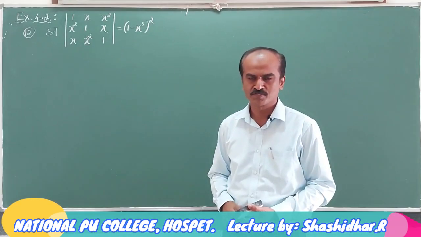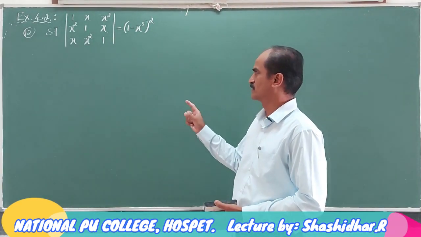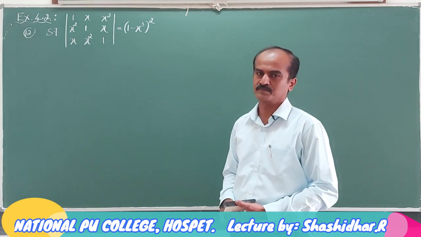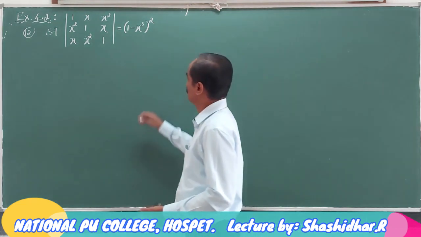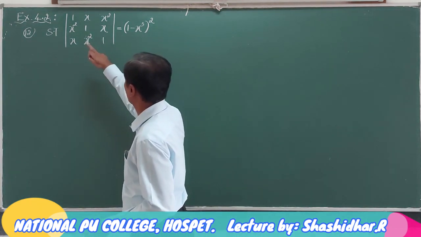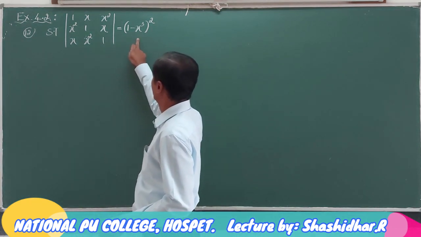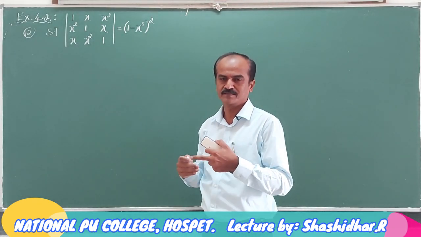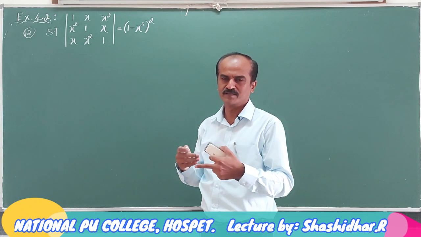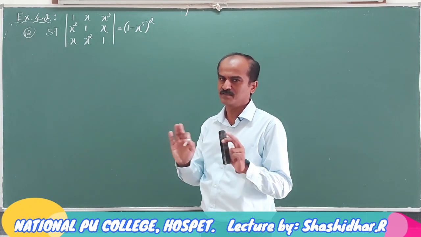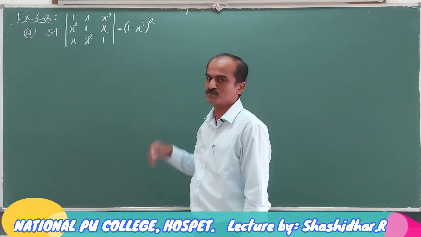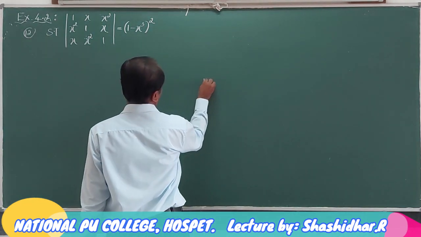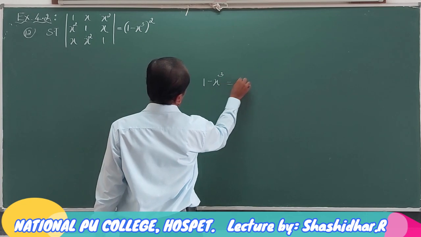In the 12th question, we are required to show that the determinant is 1 minus x cube whole square. But here, by doing any row or column operation, we fail to get the 1 minus x cube factor. Either subtracting one row from another or column wise subtraction, we fail. So equivalently, this 1 minus x cube can be written as what?